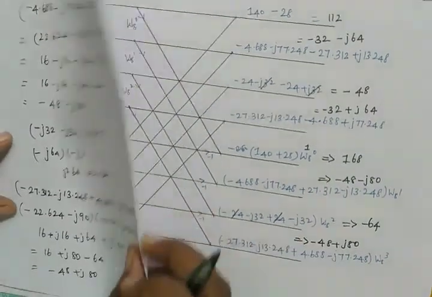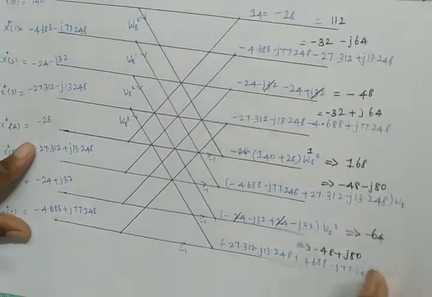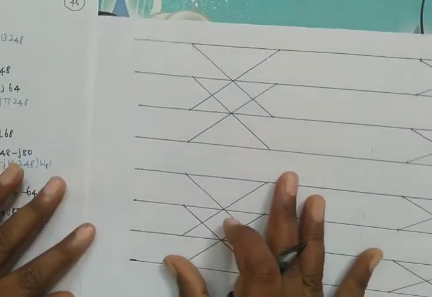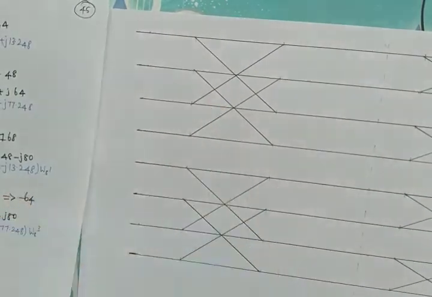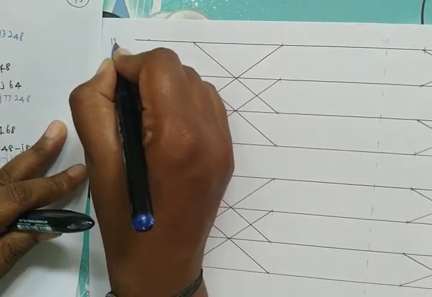Now what we have to do? We have to substitute this in the next step. Let us move on to the next step. So here what we have to do? Just copy these values here. Here it is 112.